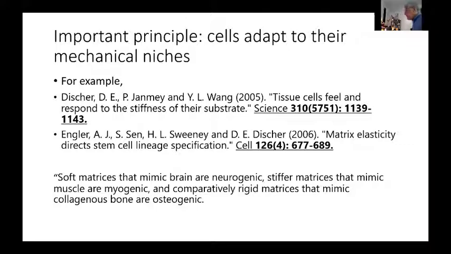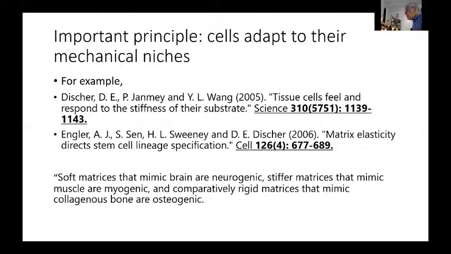myofibroblasts. And an important point to begin with is that cells in tissues adapt to the mechanical properties of the extracellular matrix in which they're embedded. And this was very nicely shown by Engler and others in the reference that's cited here, and there have been since other verifications of this fact.